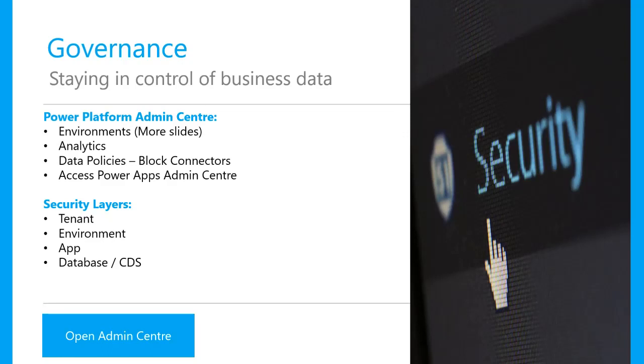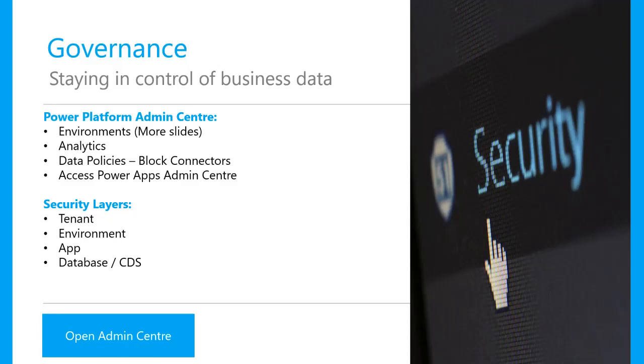There are certain applications that you would never want a Power App or a Power Automate workflow to interact with, so it can't push data outside of your organization or bring information inside of that as well. So the Power Platform Admin Center will allow you to control all of those different elements and provide governance around that.